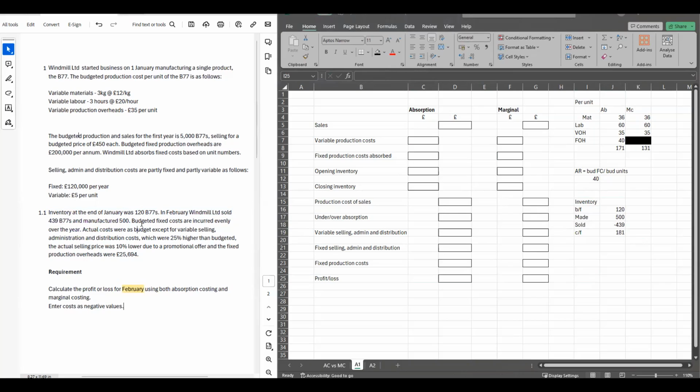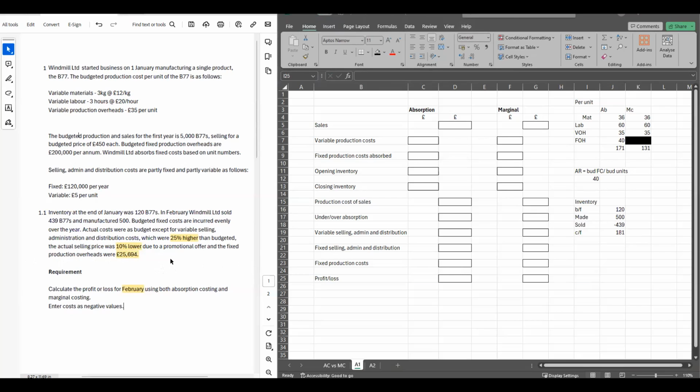Finishing off this little section, it says budgeted fixed costs are incurred evenly over the year. Actual costs were as budget except for variable selling, admin and distribution costs, which were 25% higher than budgeted. The actual selling price was 10% lower due to a promotional offer, and the fixed production overheads were 25,694.